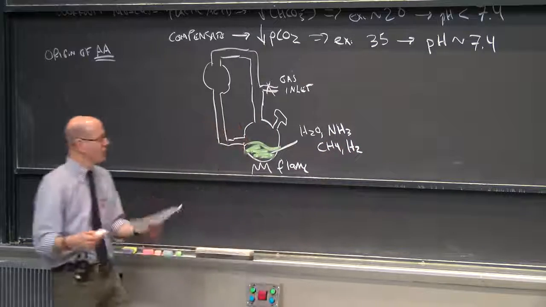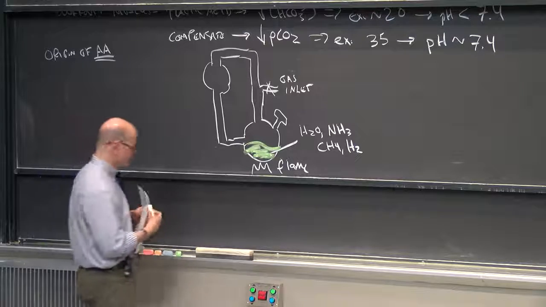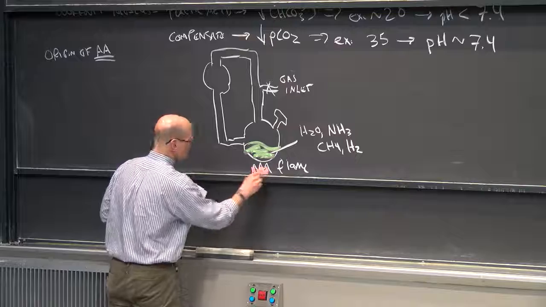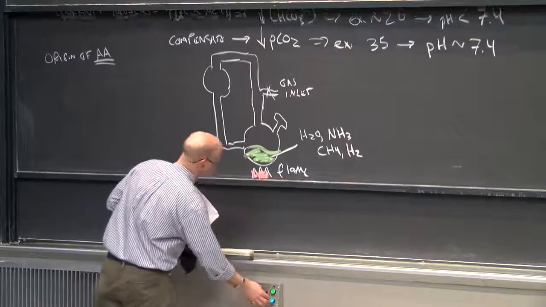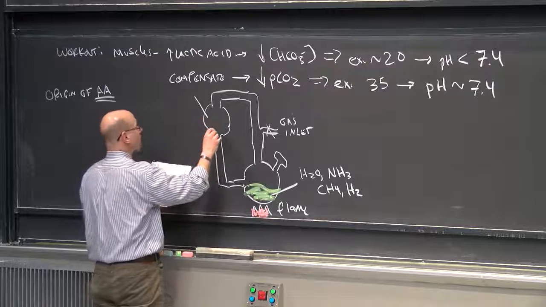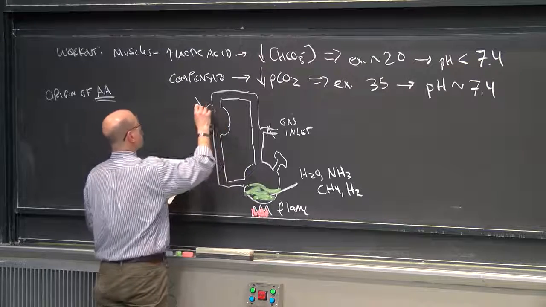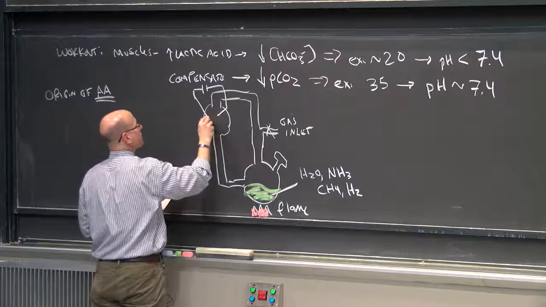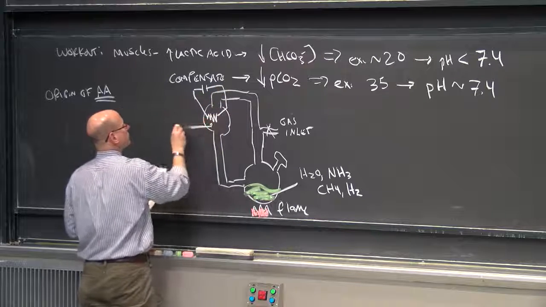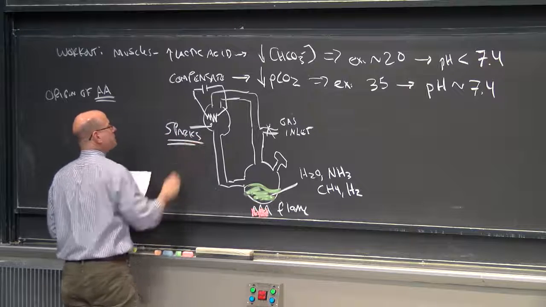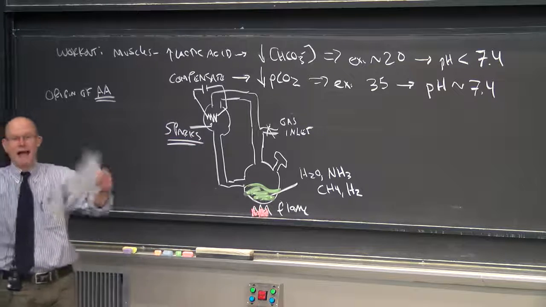The kind of stuff that you might expect would have been there, right, on the primitive Earth. And as I said, he lit a little flame underneath this, and then he did one other thing that was pretty cool. He knew that there was a lot of lightning on the Earth back then, and so he set up some electrodes so that there were sparks. Okay? So he could make sparks in this atmosphere.